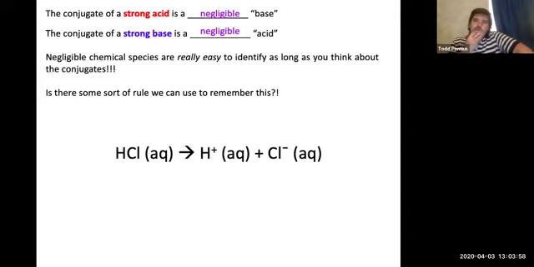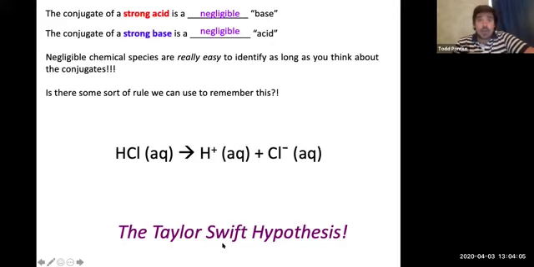So is there some sort of rule that we can use to remember this? There is, and I like to call it the Taylor Swift hypothesis. Not a lot of people know that in addition to being the songbird of a generation, Taylor Swift is also a chemist.